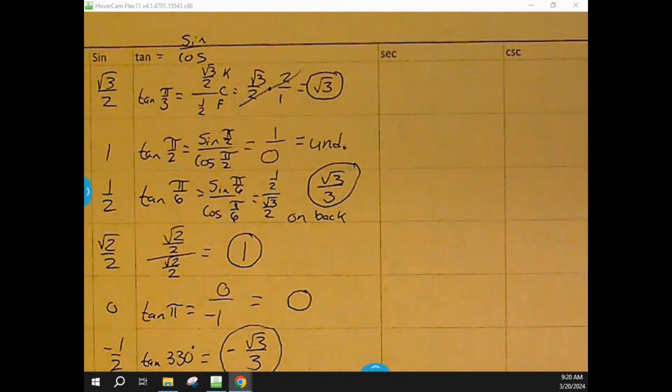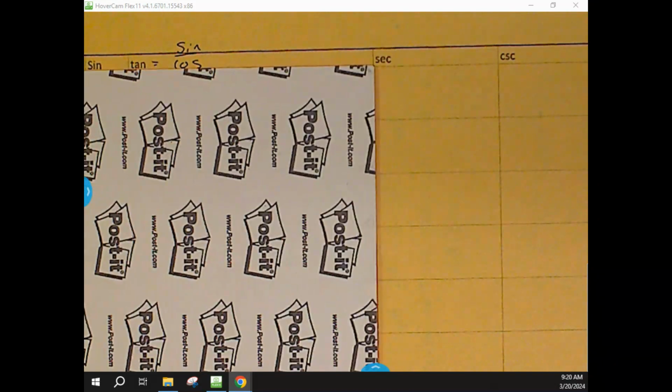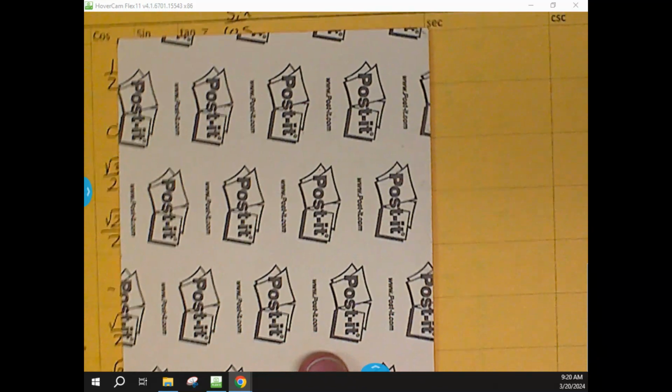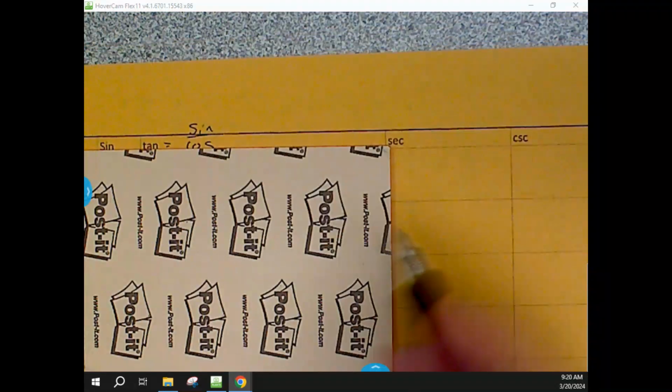Flipping this thing over. So for secant, what we can do for just a minute, if you want to, is cover up this middle section for a minute. So I'm going to do that. This will work. Okay, so if we're doing secant, the only thing we need is the cosine value. Because again, secant is 1 over cosine.